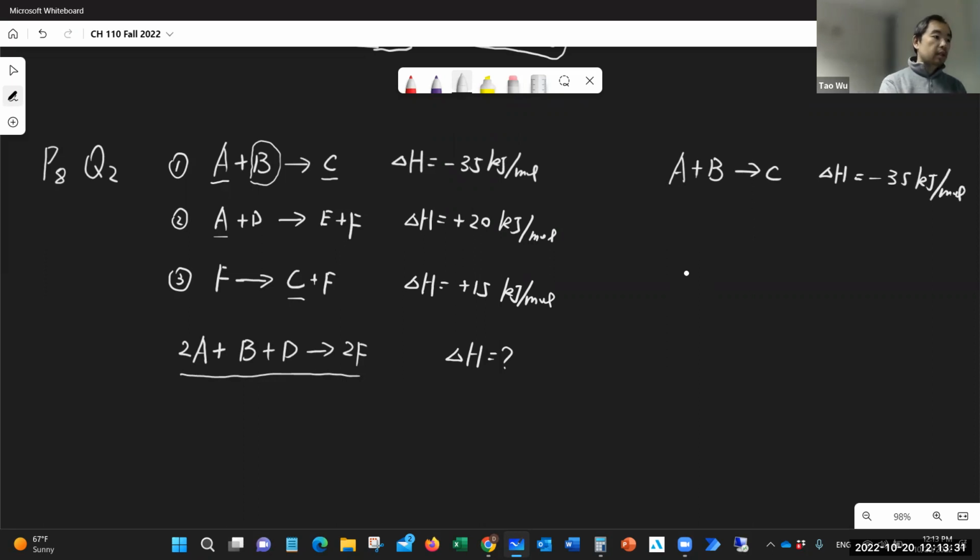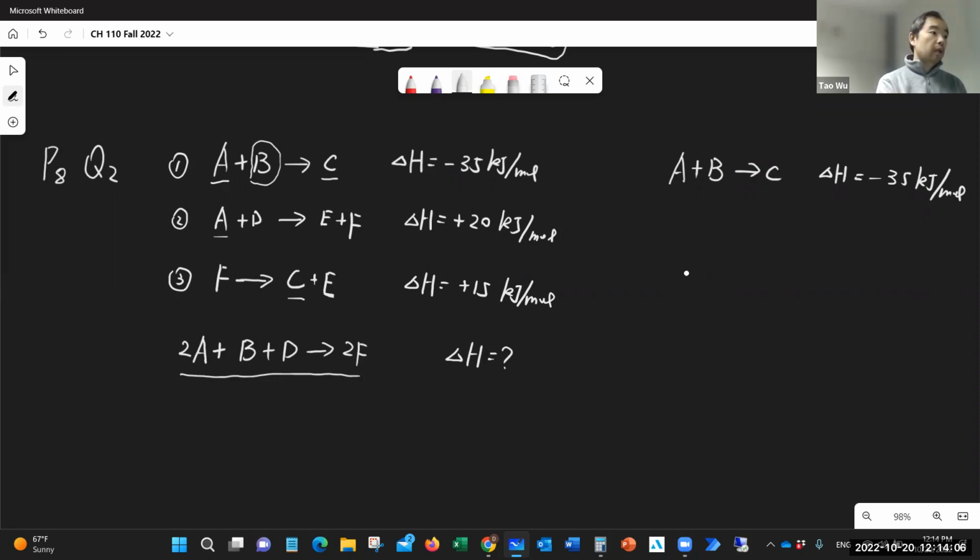Then let's see if there is any unique component in equation number 2. Well, A is not, right? D looks like it is. Yes, D only shows in equation number 2. And E is not unique, it shows in both 2 and 3. F is also not unique.